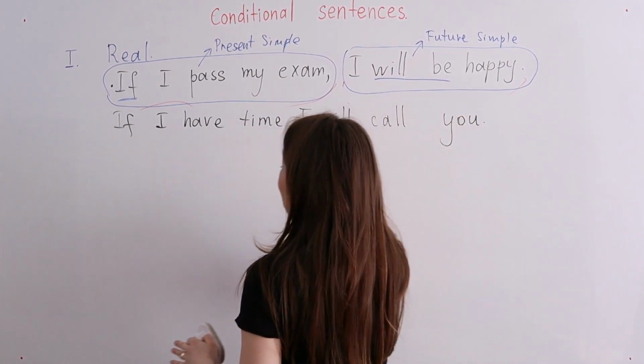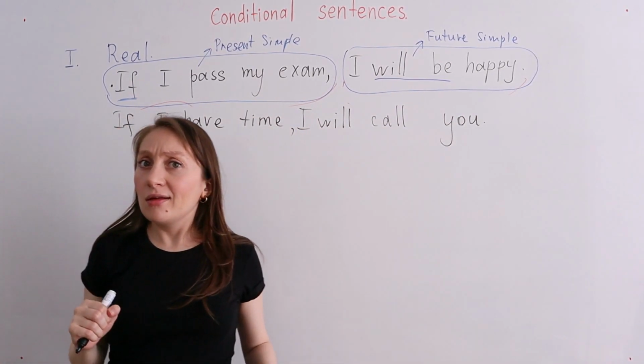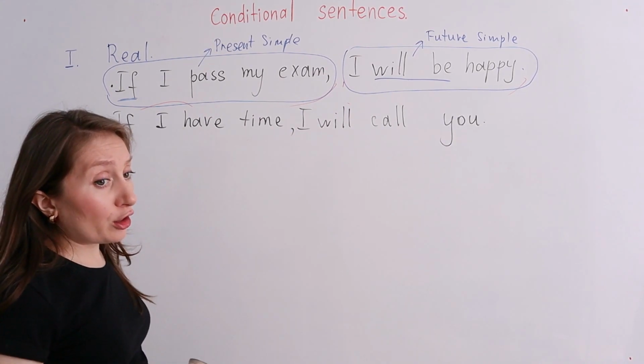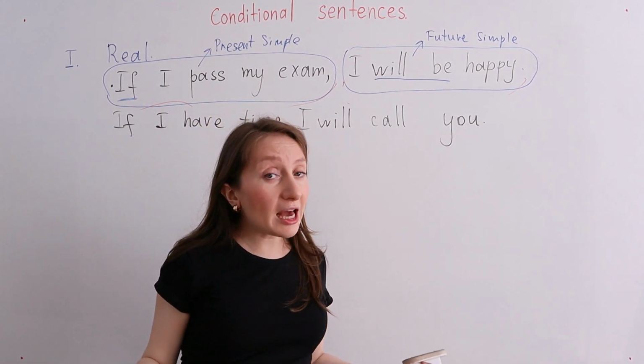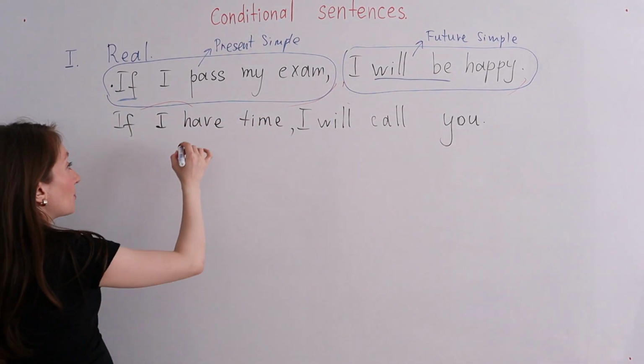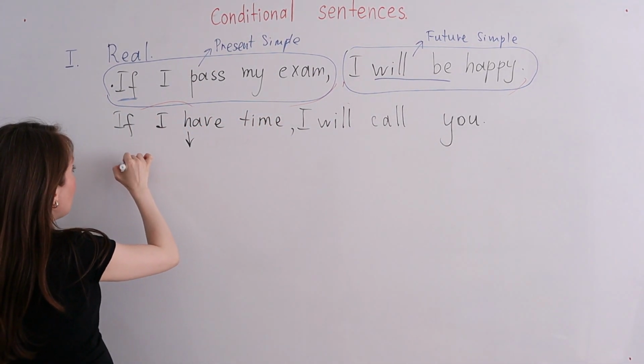Under what conditions will I call you? If I have time, I will call you. If I don't have time, I won't call you. We actually transform this sentence into negative.